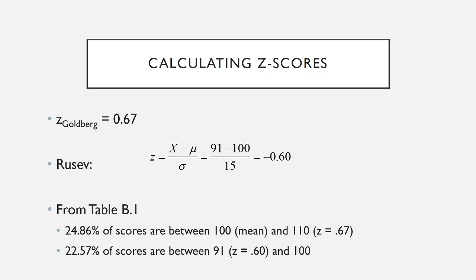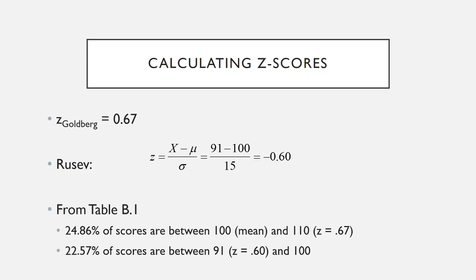So what we're going to want to do is again use our table, and we're going to want to use that percentage from Goldberg to the mean, and now we need to know Rusev to the mean. Now you'll notice that in the table, there's no negative z values. That's okay because as I mentioned, you can get the relative distance from the mean from the absolute value of the z-score.